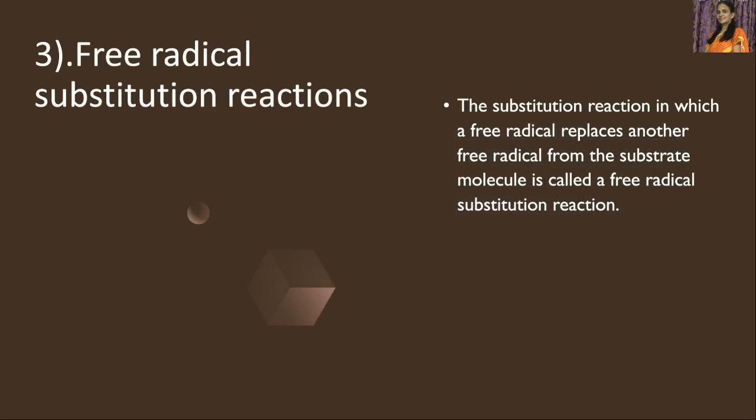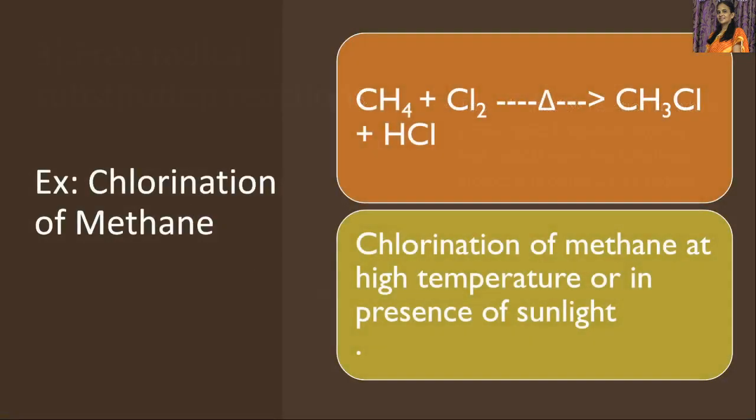The last one is free radical substitution reaction, in which a free radical replaces another free radical from the substrate molecule. The best example is chlorination of methane, which takes place at high temperature or in presence of sunlight. It is a chain reaction with three steps: chain initiation, chain propagation, and chain termination. In chain initiation, a chlorine free radical is obtained.